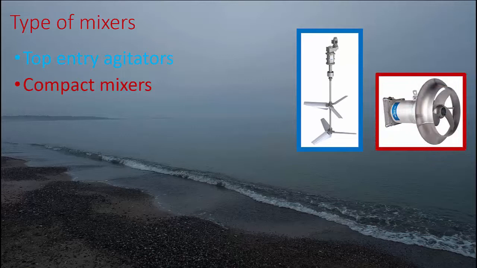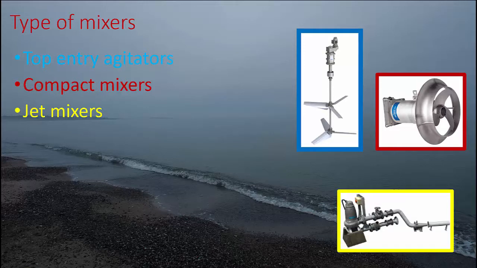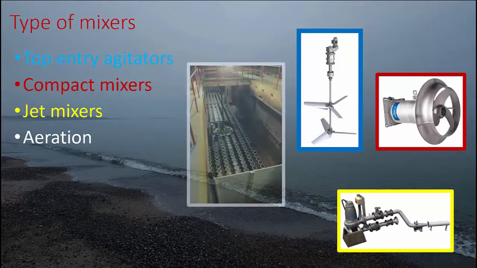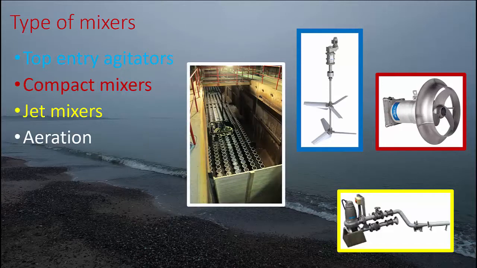Also, you have compact mixer. You can find them in the biological treatment step in the sewage treatment plants. You have jet mixers, which is a pump that is pumping the water around and shooting it out in a retention basin, for instance, a rather shallow tank or basin. You have aeration, and I haven't mentioned aeration in this video, but I talked about it before.